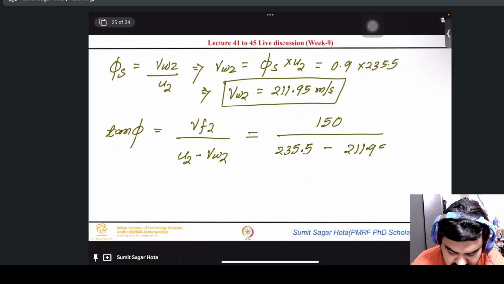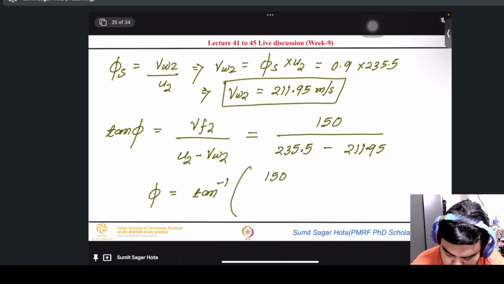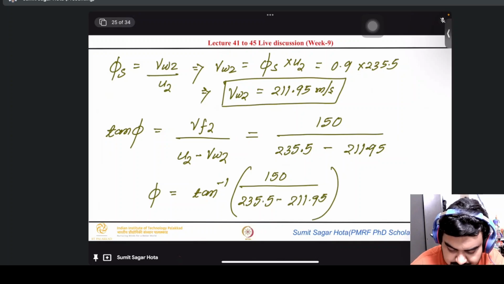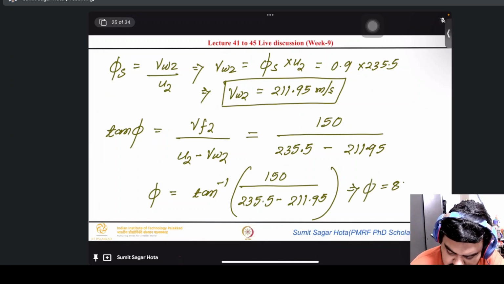So phi is equal to tan inverse of that, which is 81.07 degree.